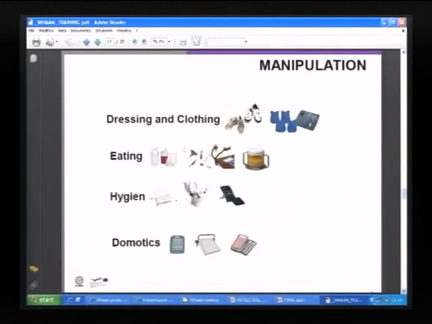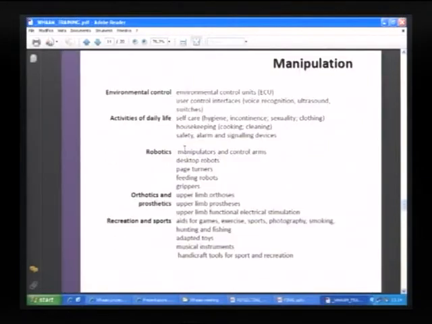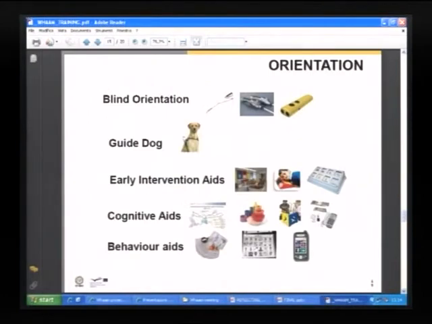We also have areas in dressing and clothing, eating, hygiene, and domotics for manipulation. And what is more important for us is in terms of orientation for blind, guide dog, early intervention, and this is the point where we want to get, the cognitive aids and behavior aids.